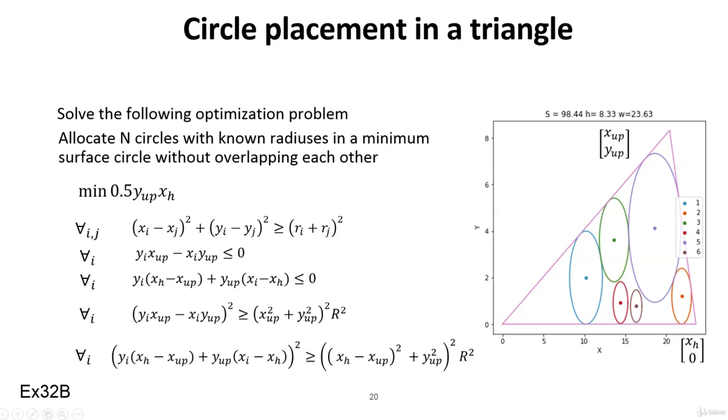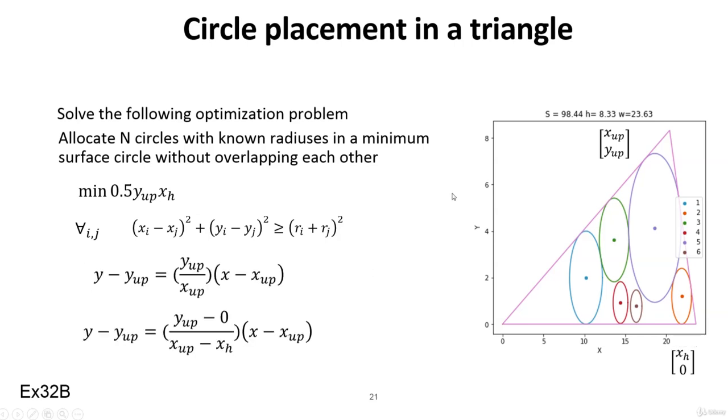And also we can see some other constraints here. I will explain them to you. First of all, we have to write down the equation that describes this red line. This red line is passing through the origin and also this specific point, x up and y up, and this line is described by this equation.